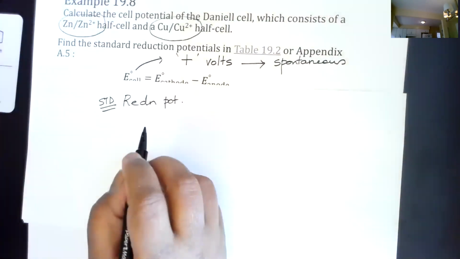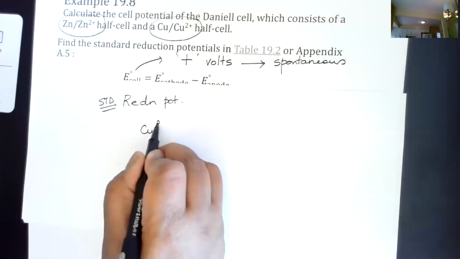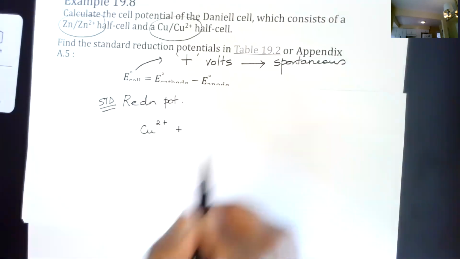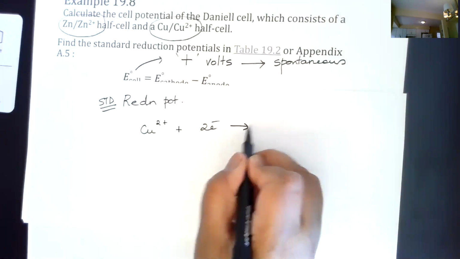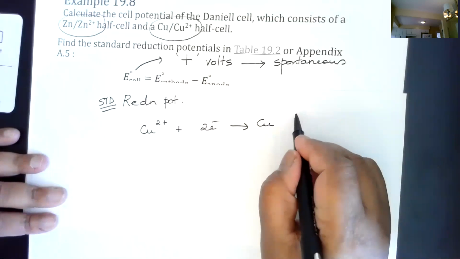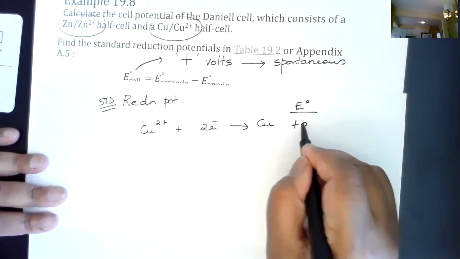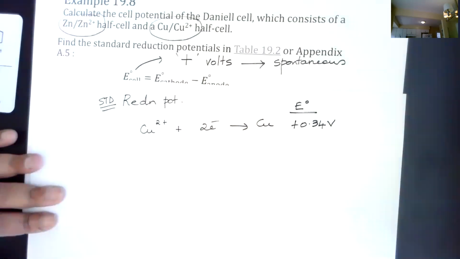I have copper 2 plus plus 2 electrons giving copper, and E0 from the table is plus 0.34 volts.